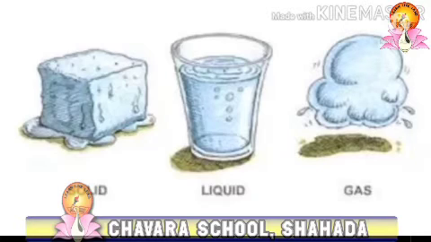Therefore, a substance is highly dense in a solid state, less dense in a liquid state, and still less dense in a gaseous state. Thus, the density of a substance in a solid state is more than in a liquid state, and density in a liquid state is more than in a gaseous state.